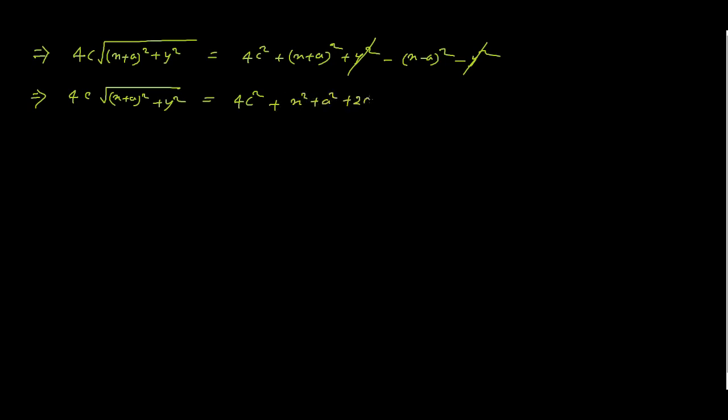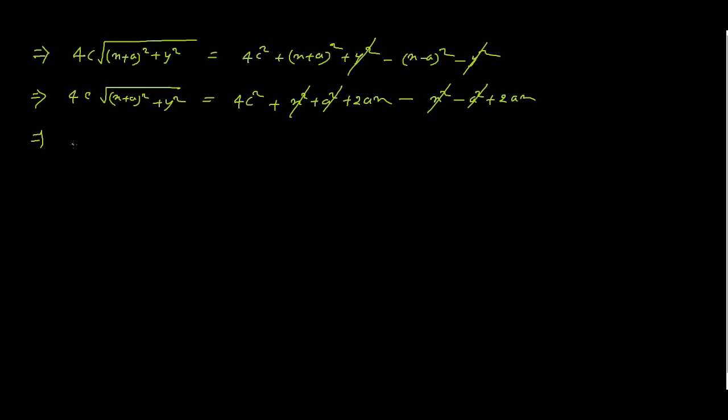a square plus 2ax minus, this is x minus a whole square, that is your x square plus a square minus 2ax, but I'm multiplying one minus here, so that's why x square minus a square plus 2ax. X square minus x square getting cancelled, a square minus a square getting cancelled.